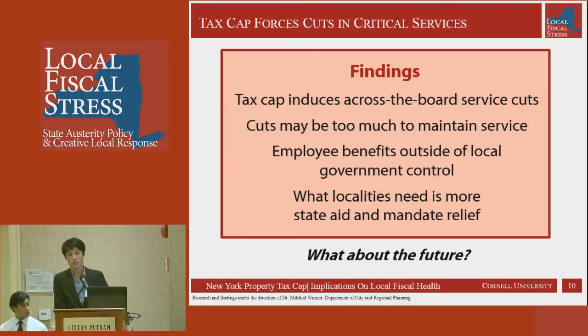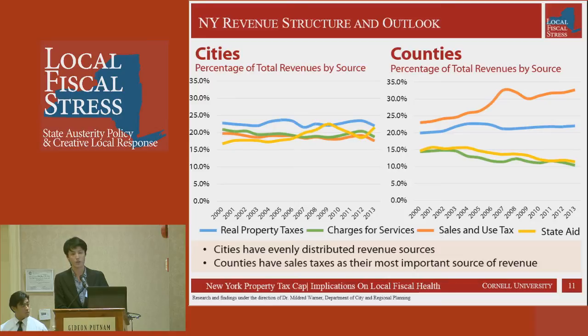We are also interested in the long-term impacts of the tax cap. So before we conducted any projection of these long-term tax impacts, we did a preliminary study to decompose the local government revenue structure. We want to know how dependent local governments are on property tax for their revenues. The blue line here represents the real property tax percentage in total revenues for different types of local government.